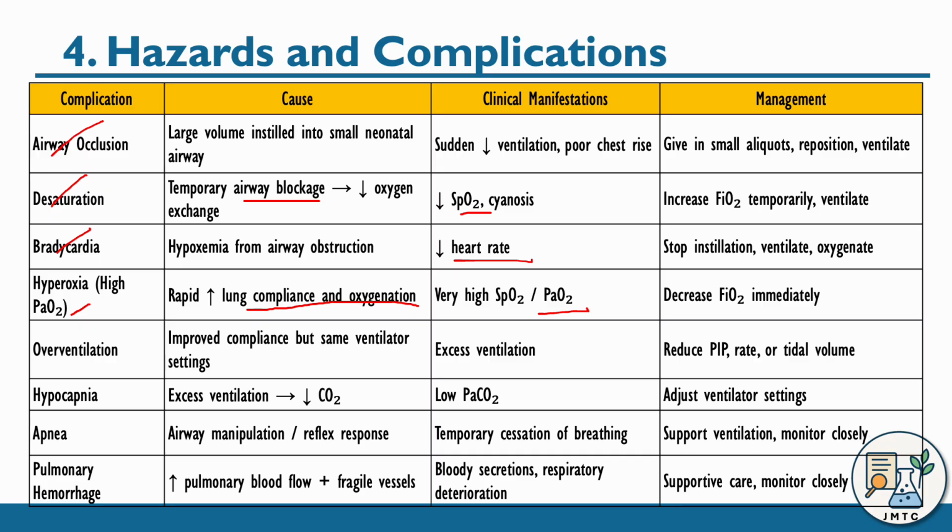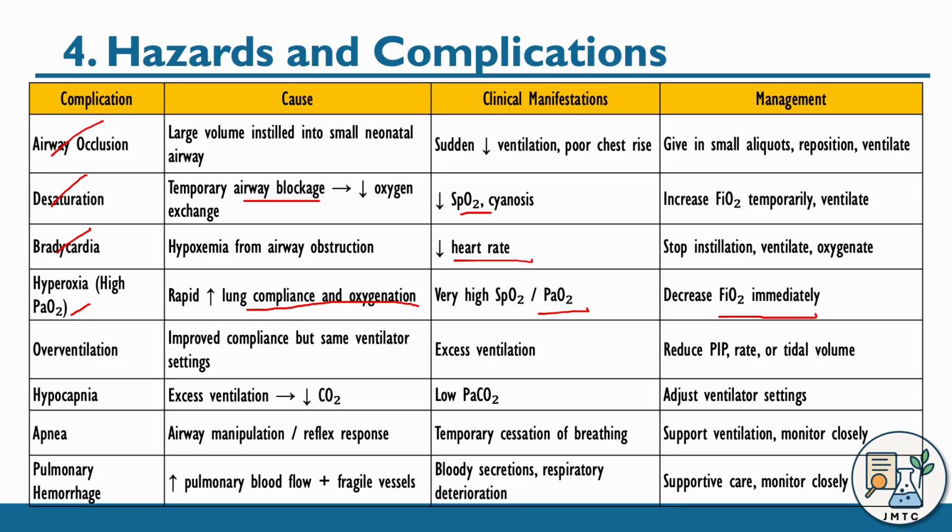So, magiging fragile yung vessels. It can cause vision problems sa baby. So, how do we manage this? We immediately titrate itong FiO2 or fraction of inspired oxygen and continuously monitor yung ating SpO2 or yung ating SAT, oxygen saturation.